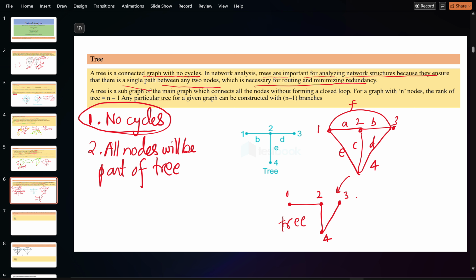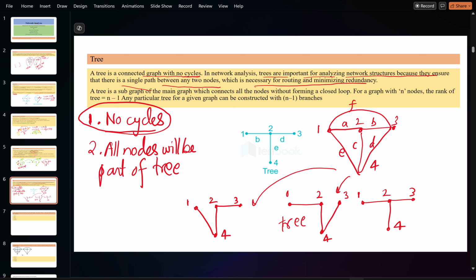What else can I draw? I can draw like this also. This also has no cyclic formation inside, but all the nodes are there. There can be different formations also. Suppose I take it like this: 1, 2, 3, 4.